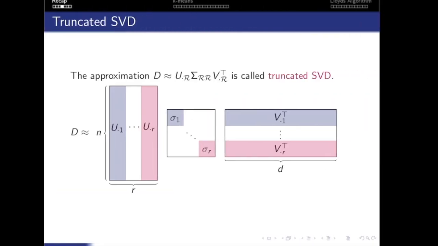And then we had this scheme, right? We had the data matrix, which is n times d. And this one was then approximated by this product of these three matrices, the diagonal matrix with the highest singular values on the diagonal, and the corresponding R singular vectors on the left and on the right.